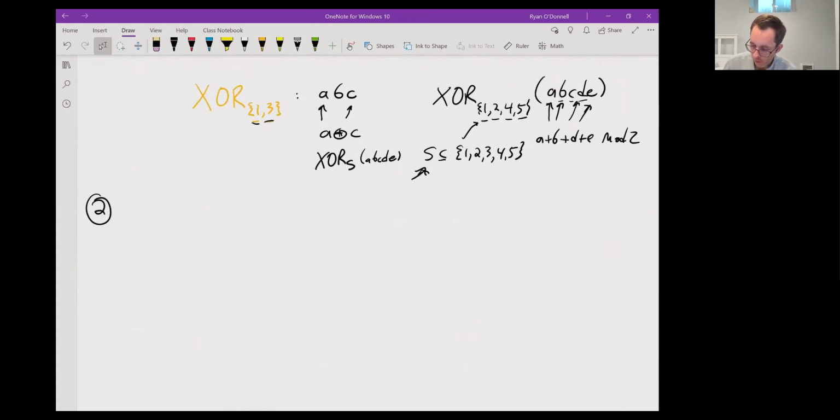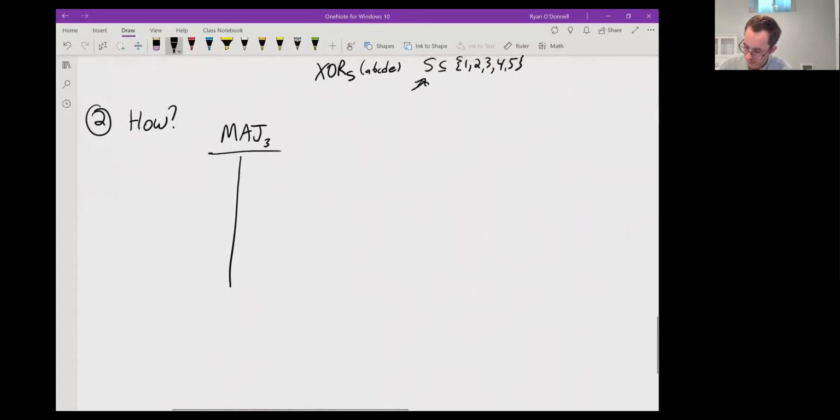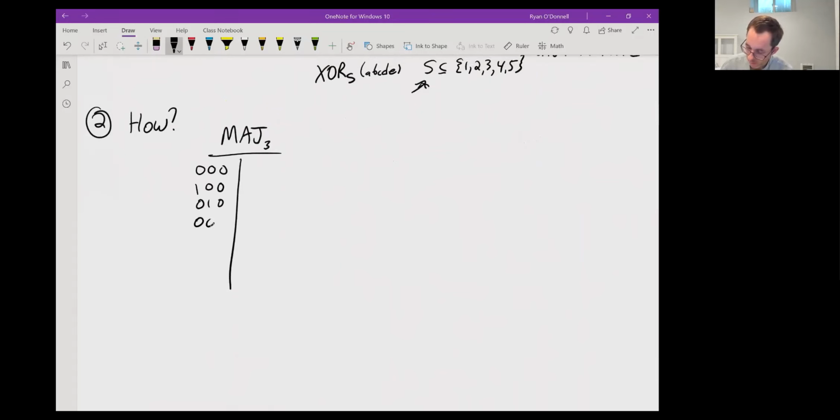So let me move on to the question of how you get these numbers, or how you can compute them. Well, I'm not going to exactly tell you because, as I said, I was slightly sketchy about what even these XOR functions are. But I'm just going to tell you some facts about the situation. Again, let's say you have some function that you care about, like the majority function on 3 bits, which has a truth table that looks like this.